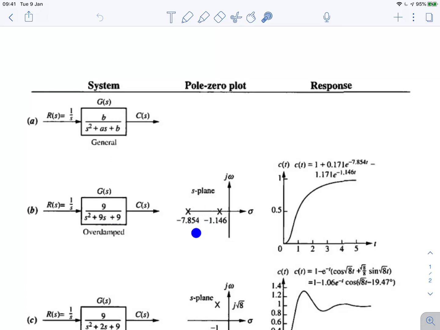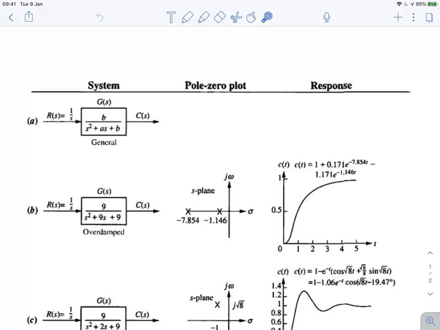Since the poles are on the left hand side, we know that the system is stable. If you compute the time domain response by taking the Laplace inverse of this C of s, multiplying this transfer function by 1 upon s, you would obtain this kind of response. You would notice that this response is quite similar to the response we had seen yesterday, that is the first order response.